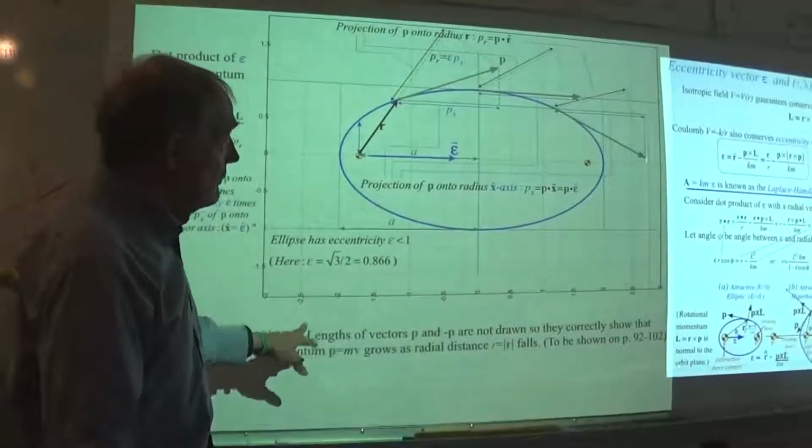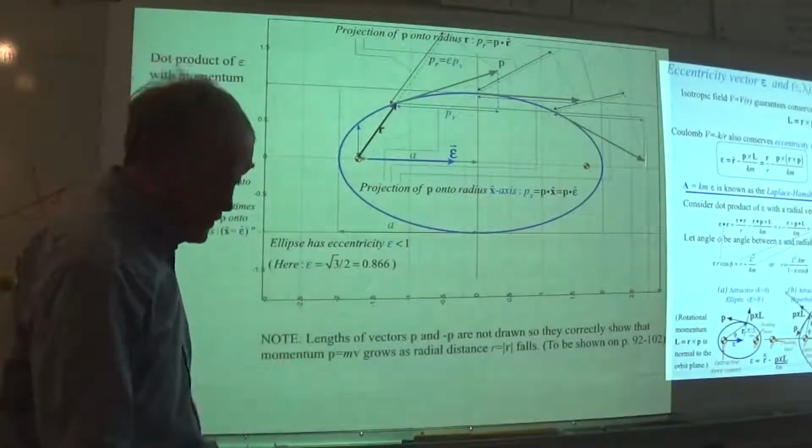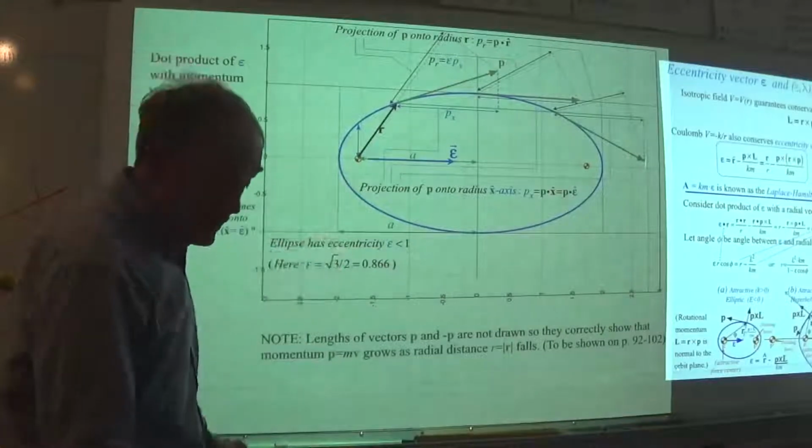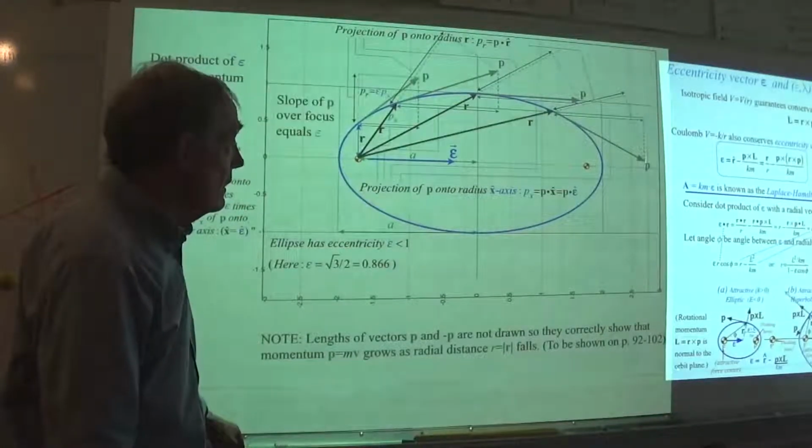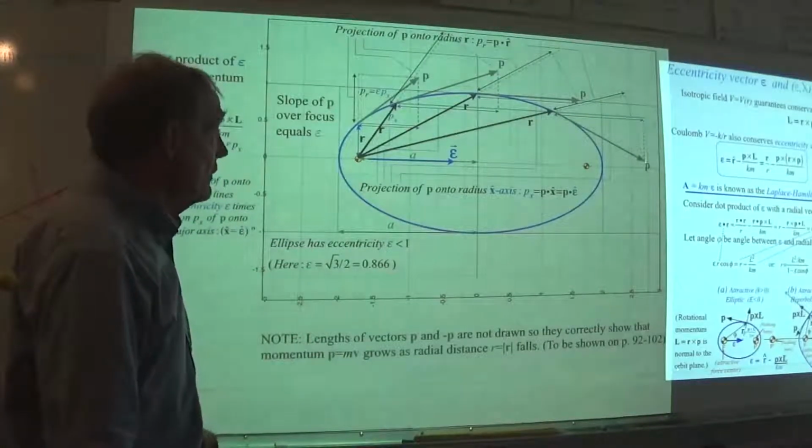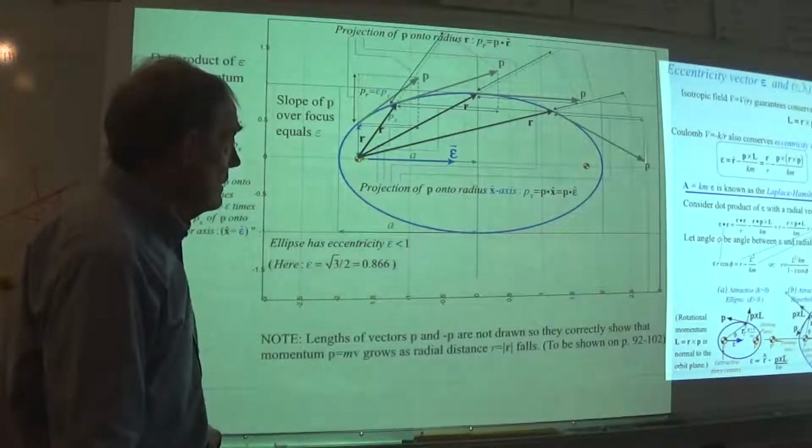This particular graph is not taking into account the fact that the P is going to get big as we go to the center. That will become obvious later on. It gets faster as it falls towards the center.